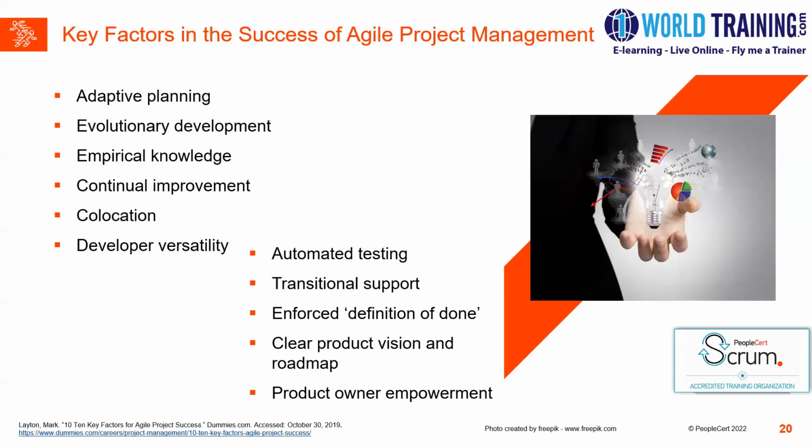When we say empirical knowledge, it is knowledge which is built based on experience. A team who is working in agile is a self-organizing team. They have experience in managing those kinds of projects in those kinds of scenarios. So empirical knowledge is another key driver for ensuring agile project management.